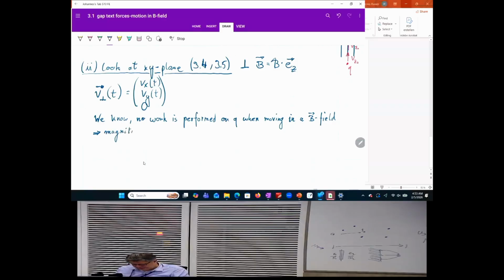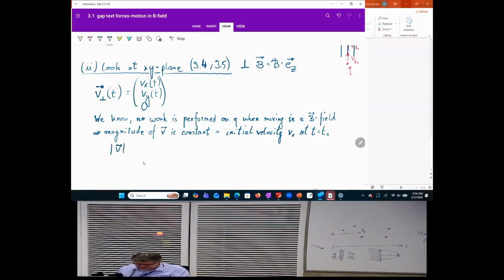The magnitude of the velocity vector is constant, and that means the initial velocity is v sub 0 at t equals t0, and that remains the same. So we have an initial velocity v naught at a time t naught, and our magnitude remains constant.